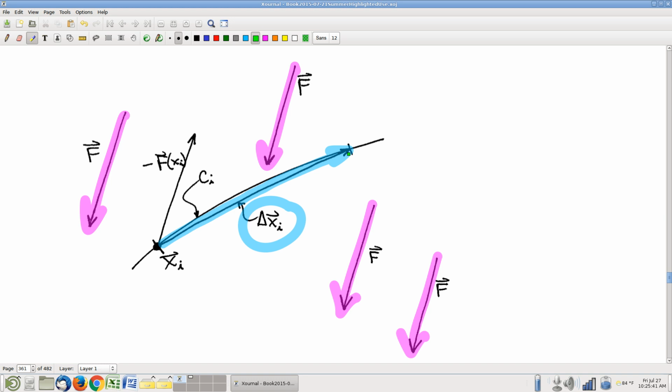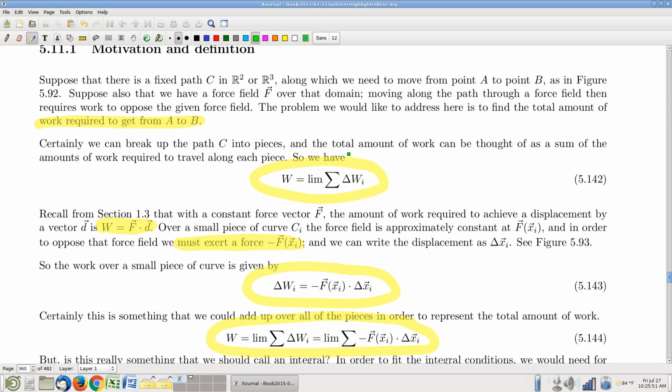How do I compute the total amount of work on that displacement? Well, work is equal to force dot displacement. Okay, so we have a good chop it up, add it up thing going on here. Let me summarize what we've done. Work is an accumulating quantity, right? And on each little piece, work is equal to force dot displacement.